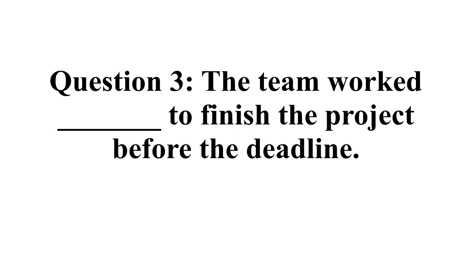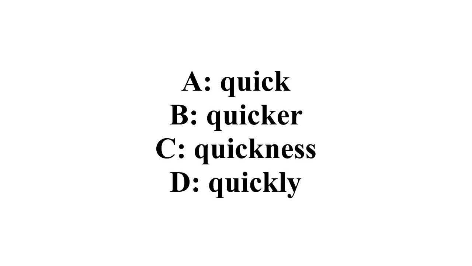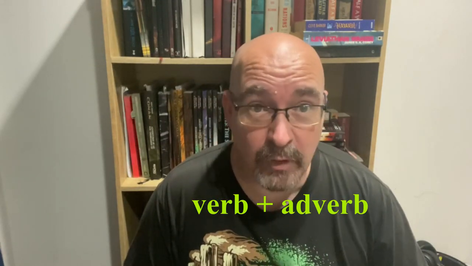Question 3. The team worked blank to finish the project before the deadline. A, quick. B, quicker. C, quickness. D, quickly. The team worked. Worked is a verb. What do we put after verbs? Well, how did they work? Adverbs.